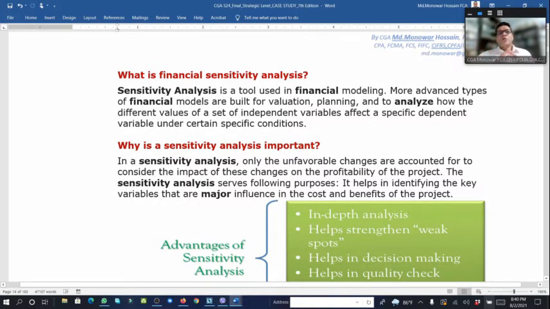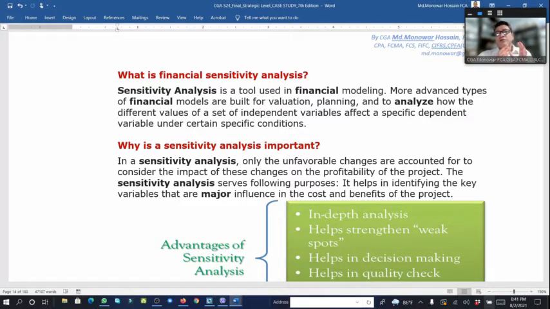And what is financial sensitivity analysis? Sensitivity analysis is a tool used in financial modeling. We know what financial modeling is. Financial modeling is that if you take a project, you have to calculate your cash flow and financial statements, all projected for the next 5 years or 10 years, and after discounting all, we will be able to find out whether the project should be taken or not.